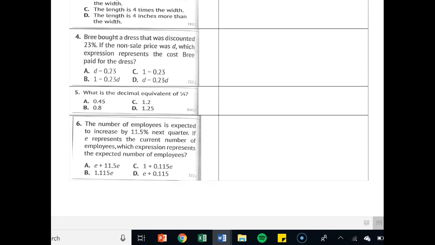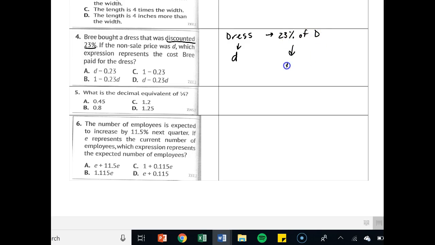All right. Number 4, it says Bree bought a dress that was discounted 23%. Discounted 23% is going to be important. If the non-sale price was D, which expression represents the cost Bree paid for the dress? So you've got the dress and its normal price, which we have no idea what it is. We just know it's D. And then we're going to have a 23% discount of the normal price of D, right?